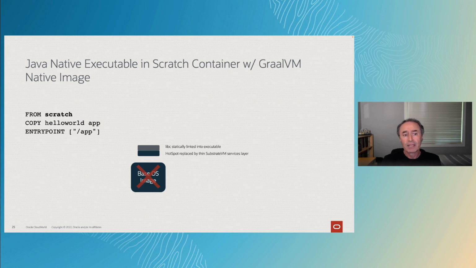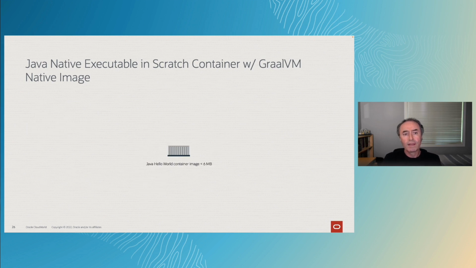So Scratch contains basically nothing, right? You've got the kernel from the host OS, but your container image contains no operating system. It contains just your binary. And if you statically link your executables and include everything they need, then you can pull this off, right? So really I can build a Dockerfile, like on the left here, that says FROM scratch, copy in that application into my container, and then when you boot the container, boot the app. And that's all there is to it.